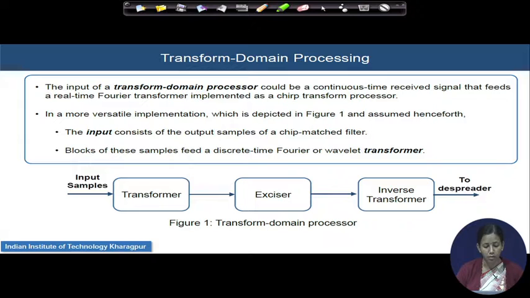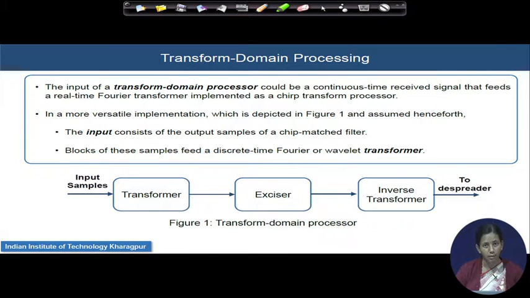We saw in a diagram in the last module that the incoming signal, after getting multiplied with the local carrier frequency, comes down and passes through the matched filter, and the output of the matched filter is sampled, and that sampled signal now enters the processing block. What processing block? The one which helps us cancel the narrowband interference, and its output will be fed into the despreading block.